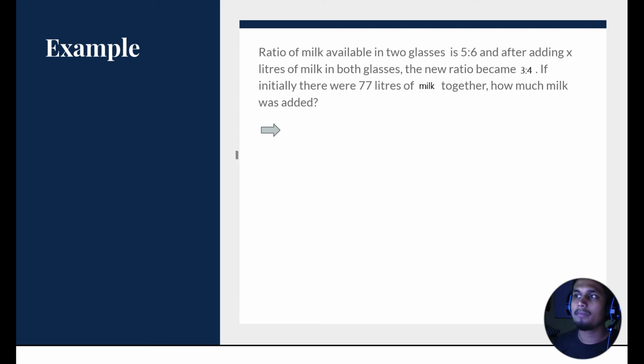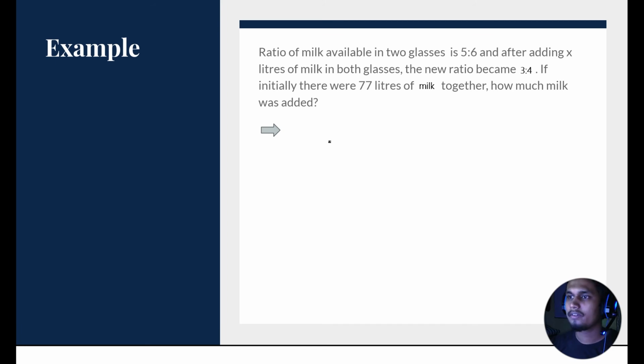Now in this problem we don't know how much milk was added, but we know the initial values for the amount of milk available. Now we can solve this problem using the same approach we have learned in the previous slide.